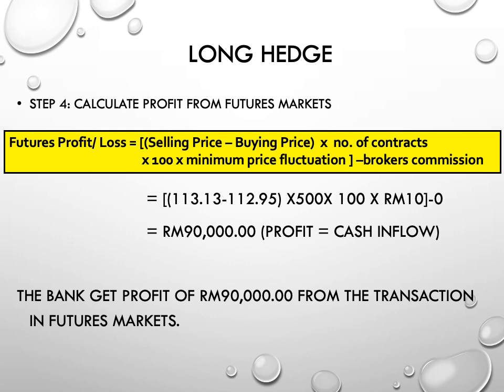You sell the FMG contract at price 113.13, then you buy at price 112.95. Number of contracts here is 500. 100 is the figure in the formula, and the minimum price fluctuation is 10 ringgit. So you calculate futures profit or loss. In this case, you get a positive value. Positive means you make a profit. Profit is cash inflow.